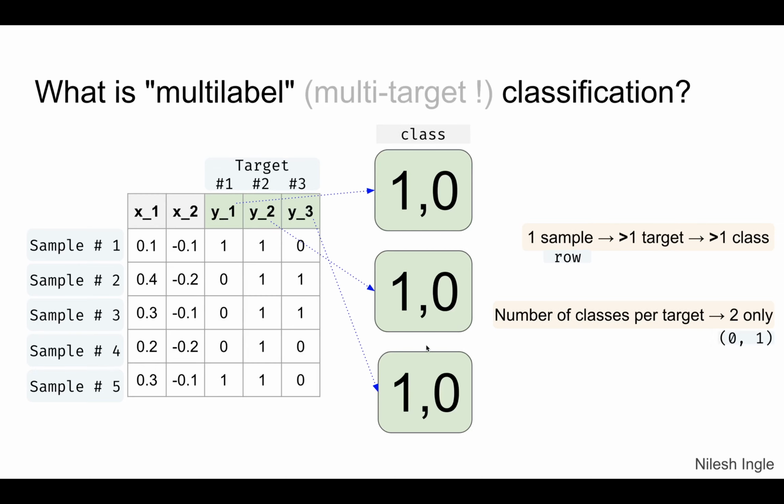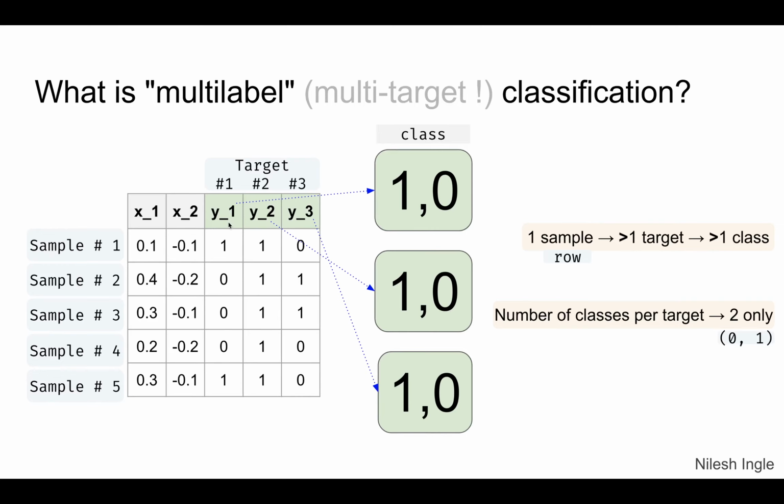Now let's look at what is multi-label or multi-target classification. So multi-target is just a word that I put in the docs. It's multi-label. Here, if we look at this table on the left-hand side, we again see the same set of features, x1 and x2. However, there's a difference in the targets. Instead of just one column, we now have 3 different columns for the target.